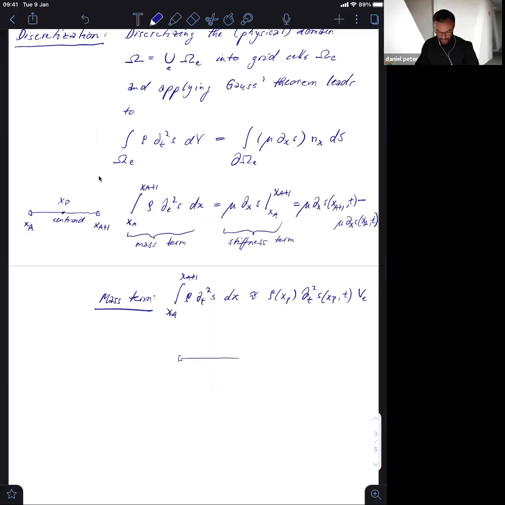You can think of having this grid cell with the centroid position xp, and then here we have the density rho p and the acceleration sp at time t.